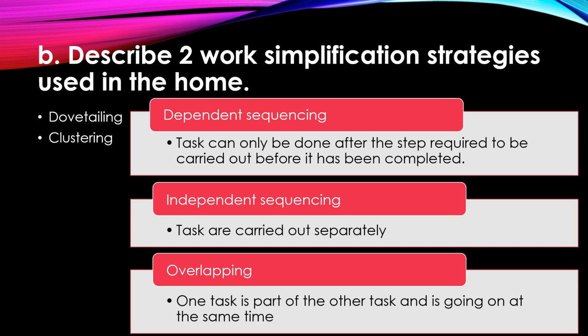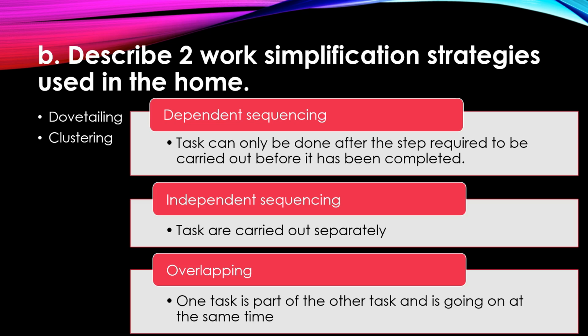For independent sequencing, these tasks are unrelated, and so these tasks are carried out separately. A quick example would be raking the yard and then moving on to washing the dishes. And so this can be done in any order. Both activities are not related to each other. You'll just need to coordinate what you'll do first and what you'll do after that.